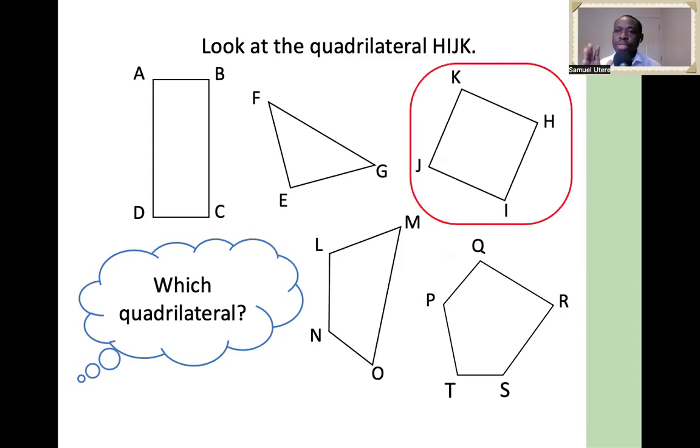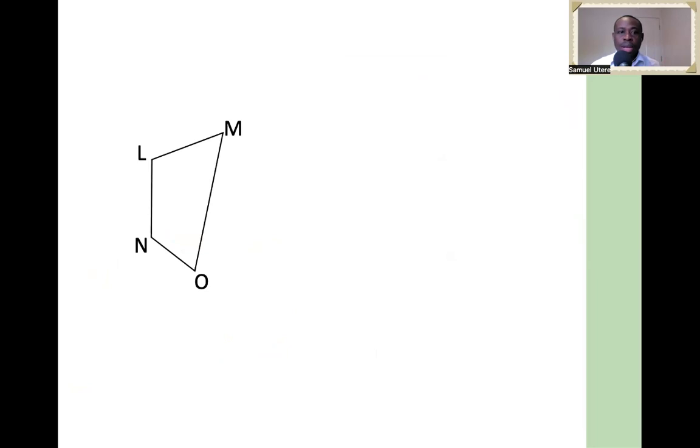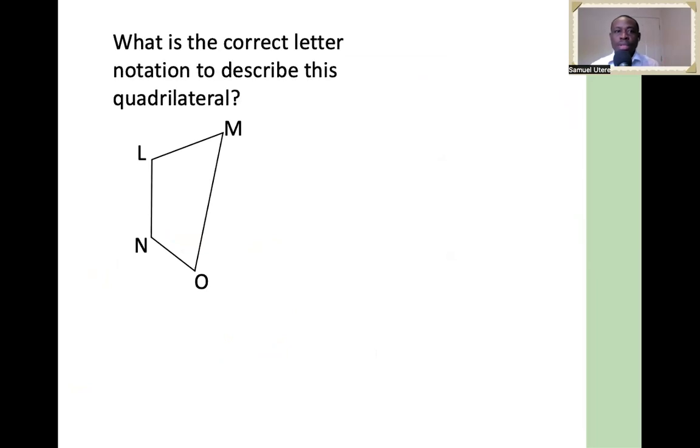So that tells you the very first thing you need to know, that in maths, we label geometric figures because it helps us identify specifically the shape we are discussing or you are required to work on. The next thing you need to know is, what is the correct letter notation to describe a quadrilateral?